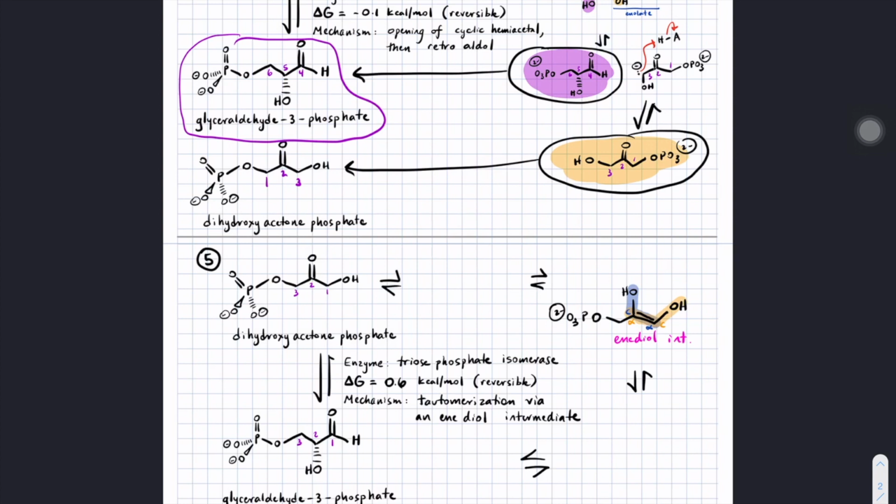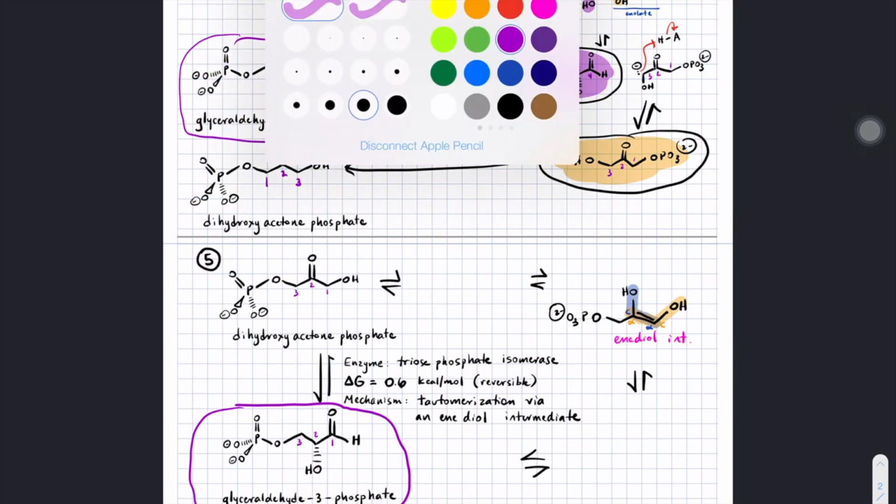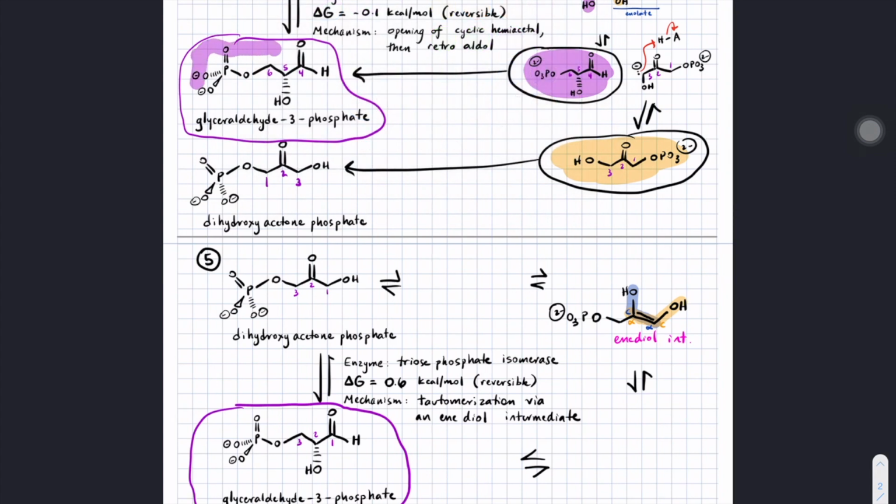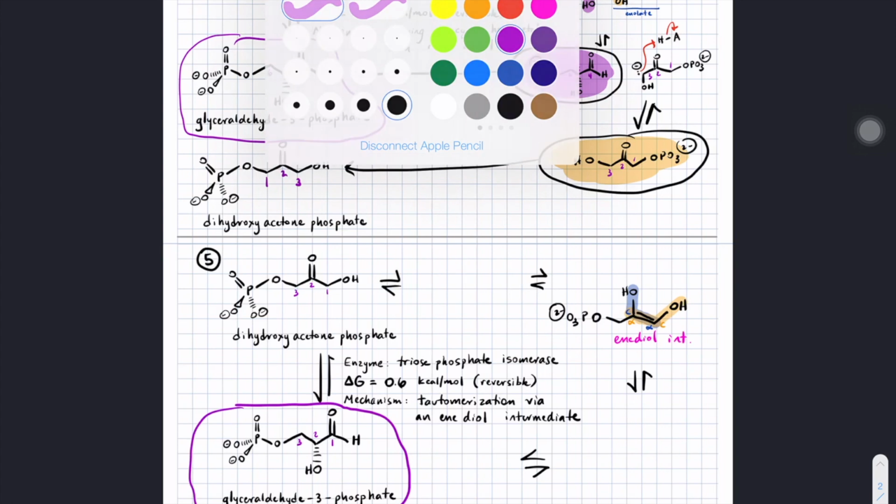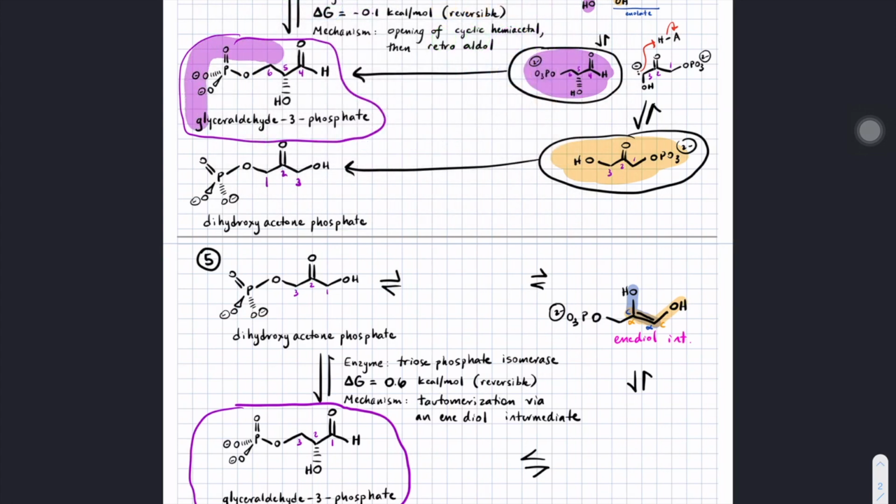1, 2 molecules of glyceraldehyde 3-phosphate. So now we've broken glucose into 2 smaller pieces, but the 2 smaller pieces are exactly the same thing. It's really beautiful how that works out in this case.